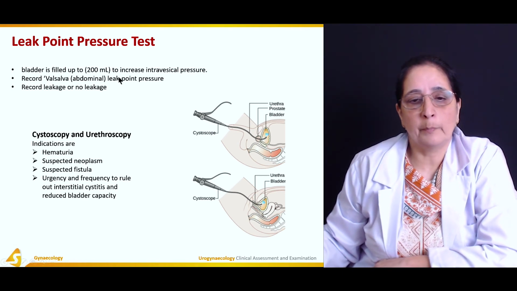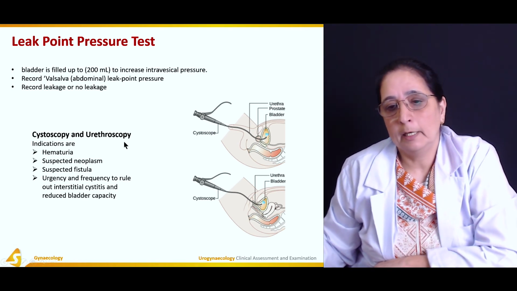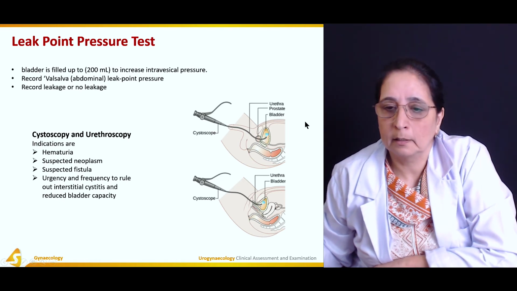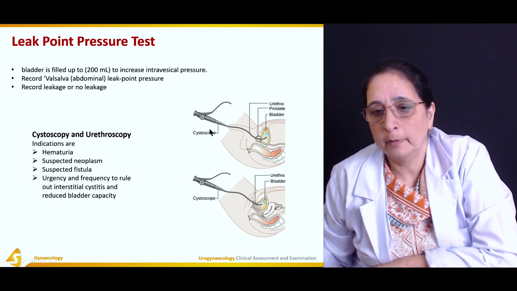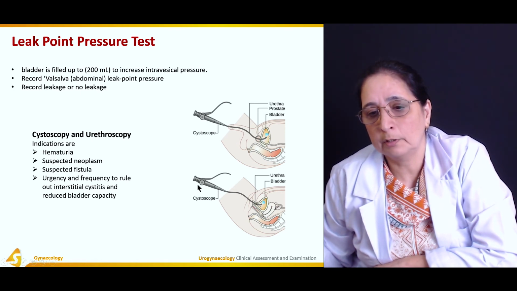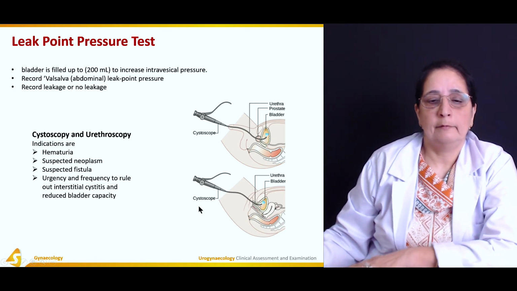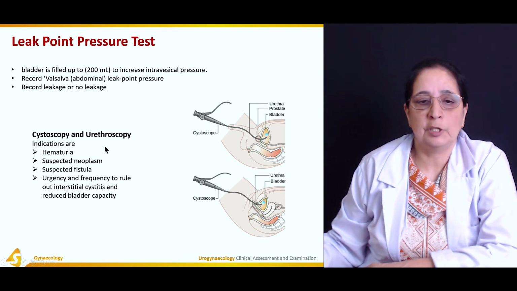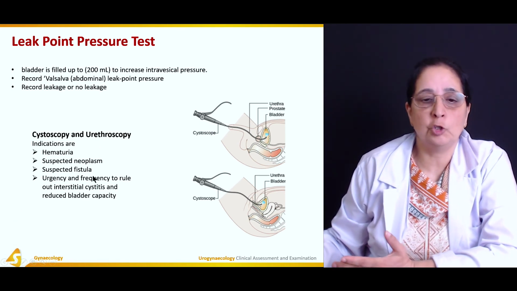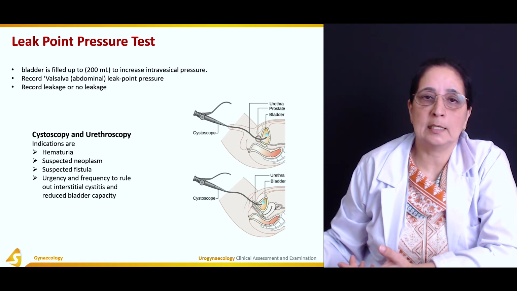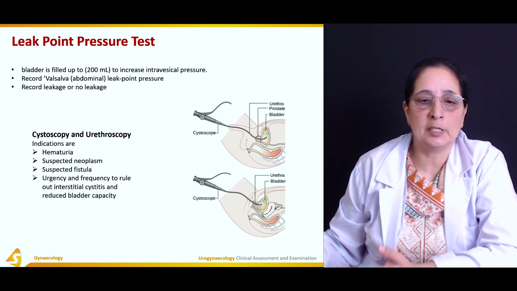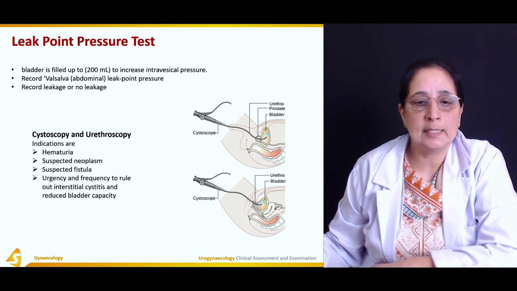Then cystoscopy and urethroscopy. In this, the cystoscope is inserted, and again the urethroscope here is inserted. These procedures are done to find out if there is any hematuria, if there is any suspected neoplasm, if there is any fistula, if there is any cystitis.